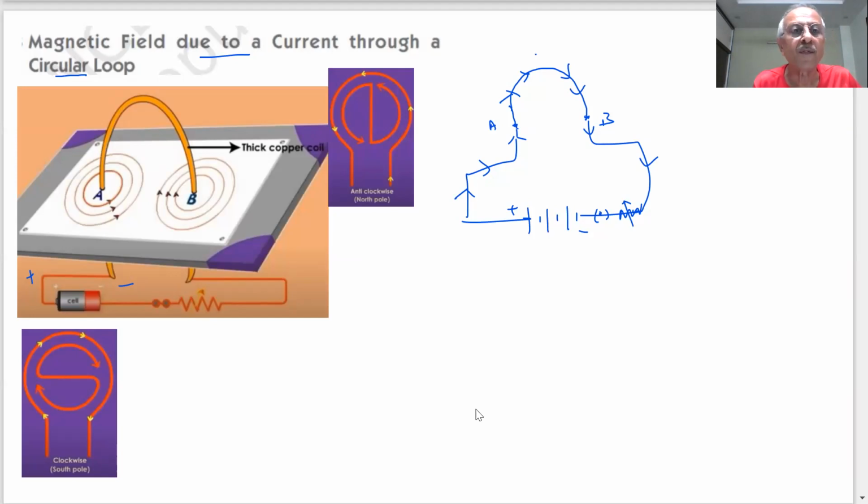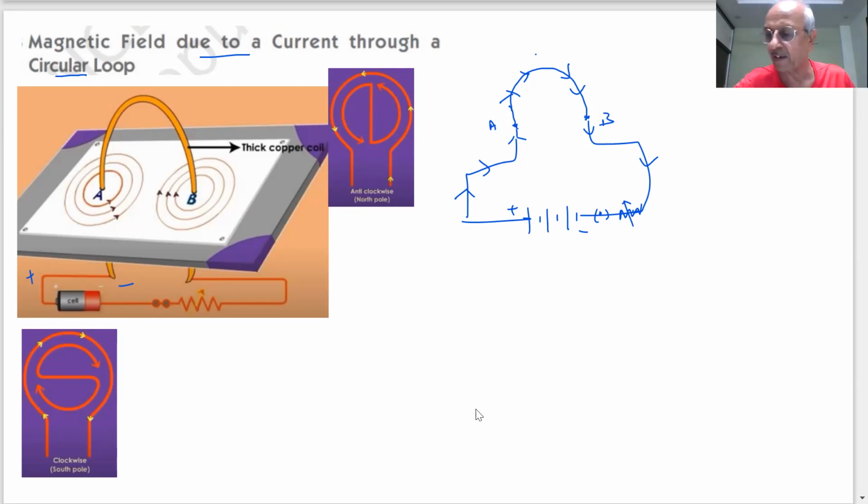And if they are arranging in concentric circles, the direction of the magnetic field lines is given by which rule? What is the rule I use for giving the direction? Right hand thumb rule.